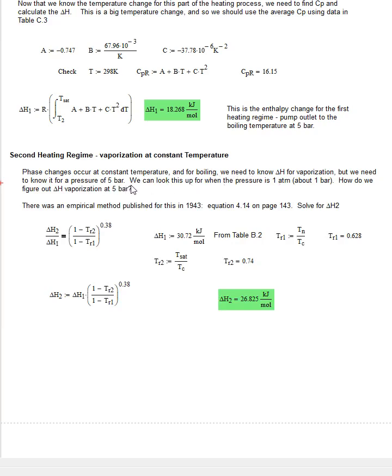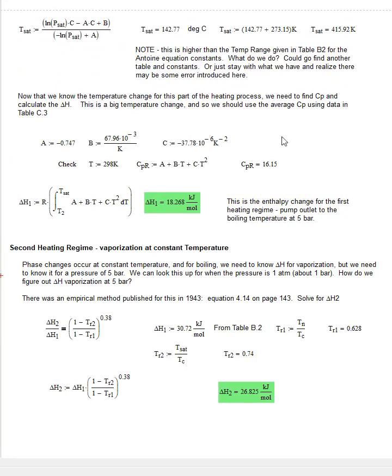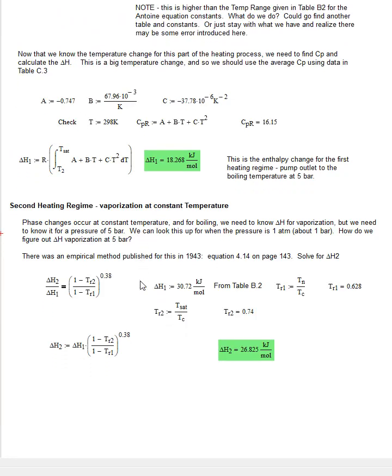of 5 bar. If you look up the values in the tables, I forget exactly which, I think it's table B2, they give the delta H of vaporization at 1 atmosphere at the normal boiling temperature, and that's pretty close to 1 bar. But we're at 5 bar. So how do we find the delta H of vaporization at 5 bar and our Tsat of about 415.9 K?